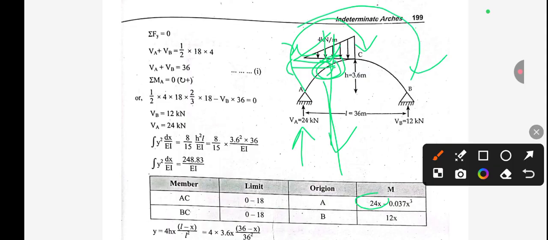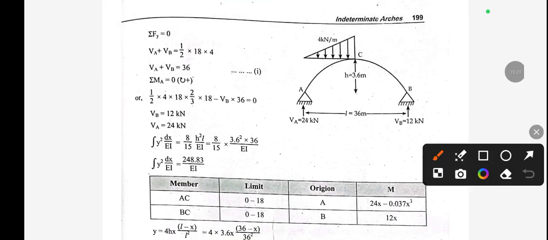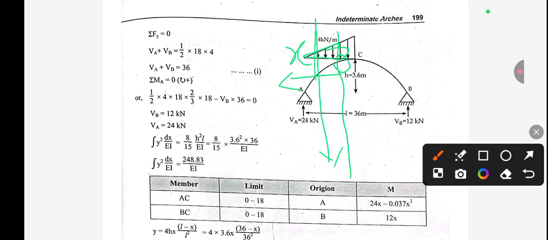So for this you can see here. First, let's see this: we are going to calculate the moment at section X, from here to here. Due to this part, this UVL is acting here, so with respect to this point it acts like this, anti-clockwise, so it is taken minus.